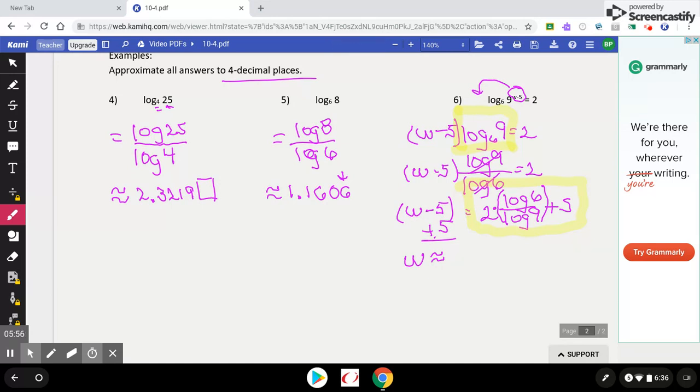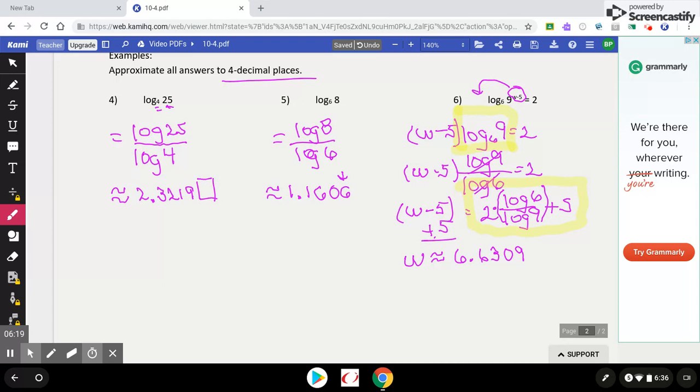Eventually I'm going to have to do the plus 5, so if I type it all in one line, the calculator does all the math for me. Life is good. Approximately 6.6309. The 9 is followed by a 2, so I'm not going to round it up.